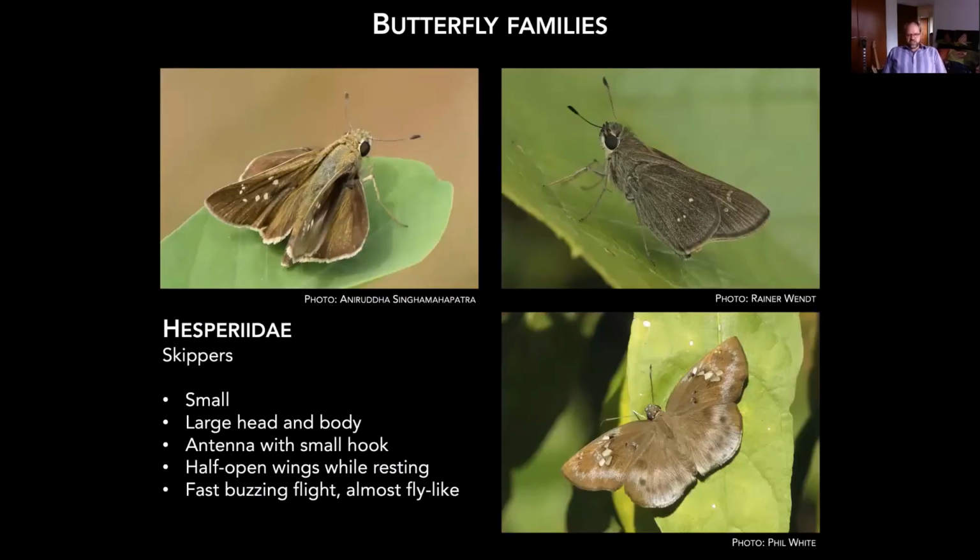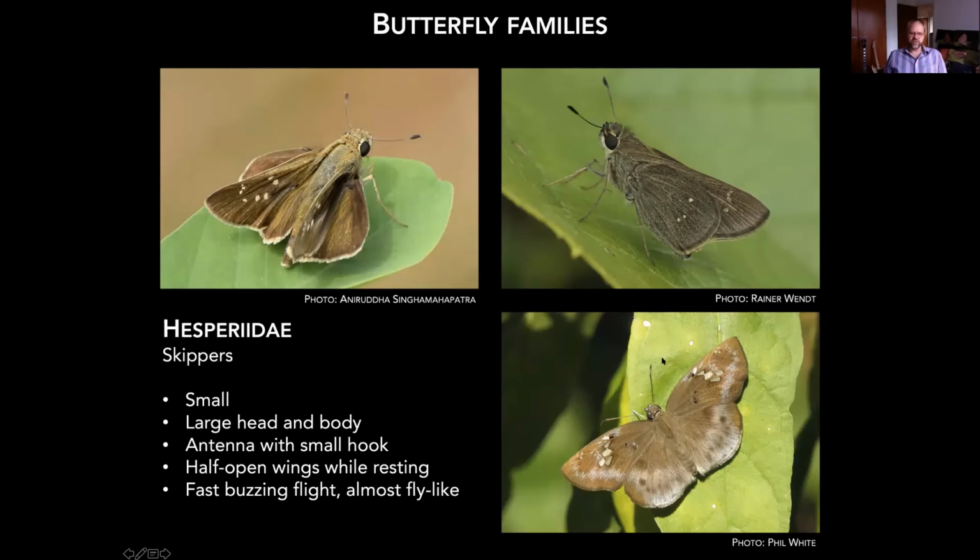Then you have a special little group called Hesperiids, or skippers. These are usually quite small. Some of them can be large, but in general quite small ones. In Swedish, we call them thickheads, because if you look at them, they have very large heads compared to the rest of the body. They look almost like a little moth. And they have very strong flight muscles in the body.